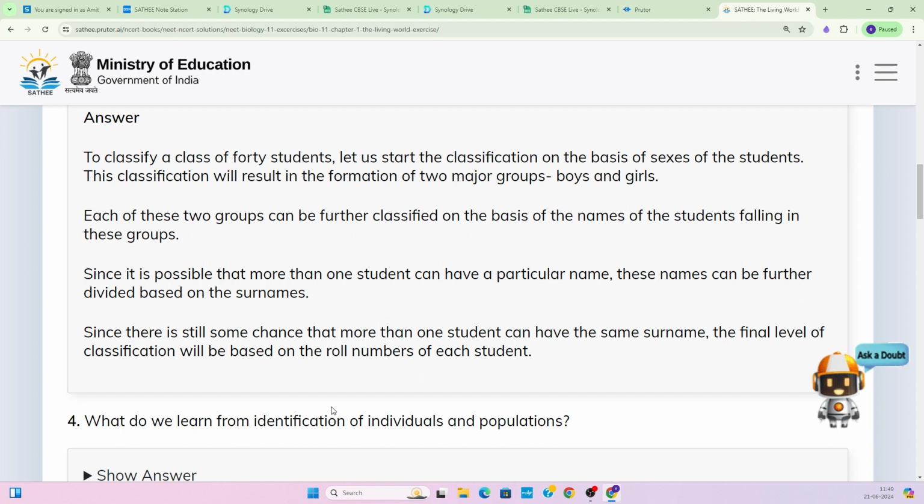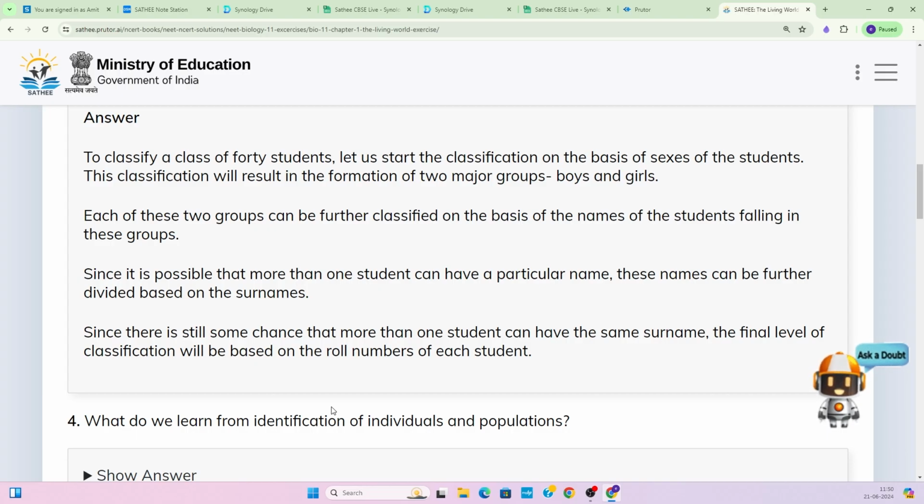Okay, now each of these two groups can be further classified on the basis of the names of the students falling in this group. Every student has their own name, so you can classify on the basis of their names. It is possible that more than one student can have a particular name. Sometimes the students have the same name.